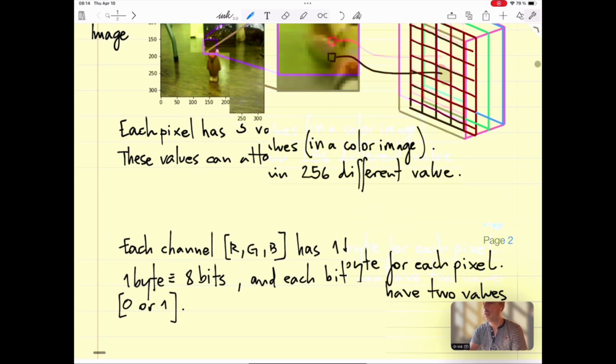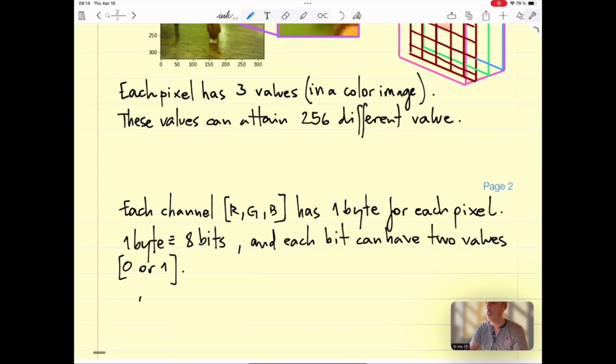So if you have 8 bits, each either 0 or 1, the combinations are 2 to the power of 8, that's 256.